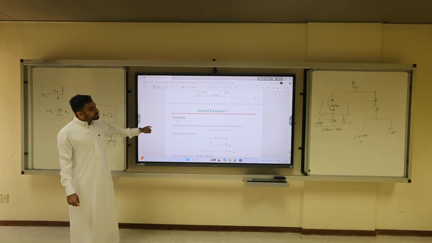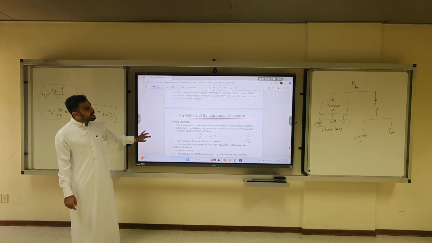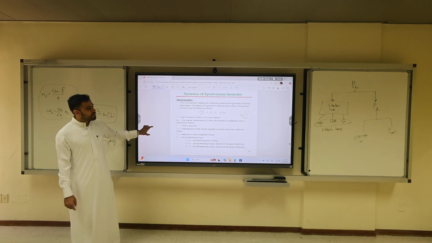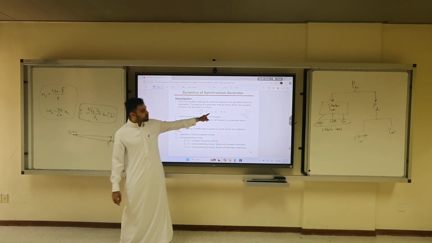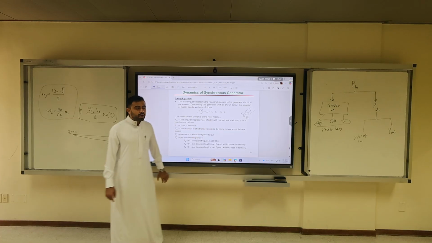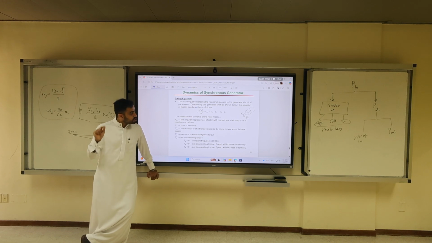The other concept, which I think is very important in real life, is the dynamics of the synchronous generator. Do you remember the swing equation, when I subtracted the torques? If I calculate the torques of my synchronous machine, it might not be very accurate, or I may not have access to the shaft.